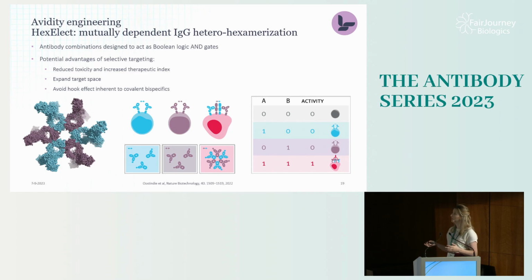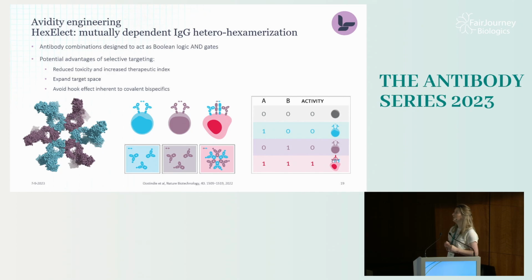So there are several potential advantages to do this. One of them is potentially having reduced toxicity and increasing a therapeutic index. You can change the dosage. But more importantly, we may also be able to expand the target space to previously inaccessible targets.